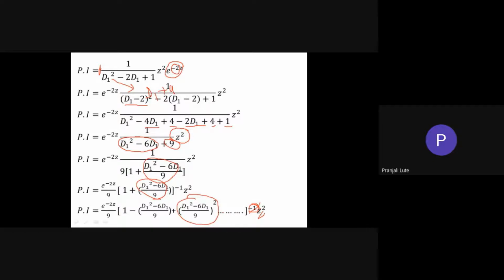So in next slide, see here, e to the power minus 2z upon 9, 1 minus d1 square upon 9 plus 6d1 upon 9 plus from this expansion we have to consider only last term, that is 36 upon 81 d1 square z square.